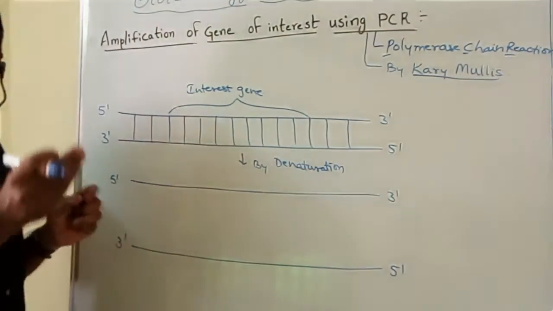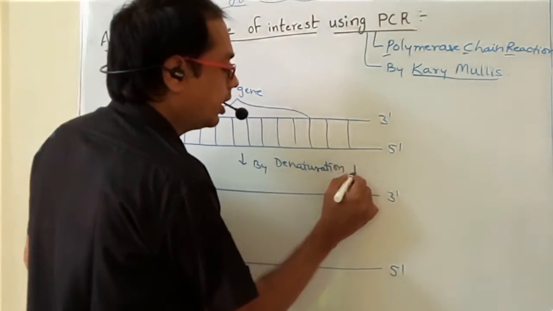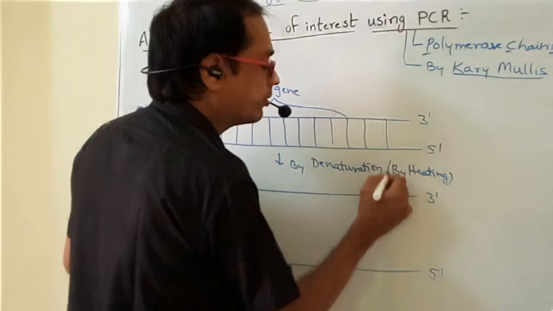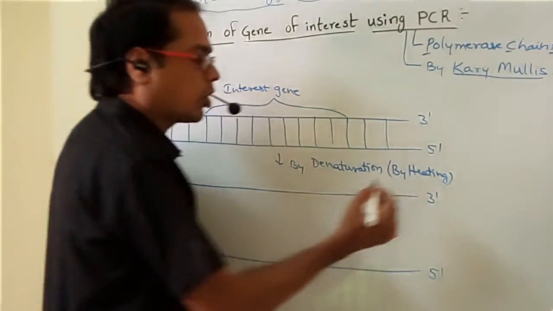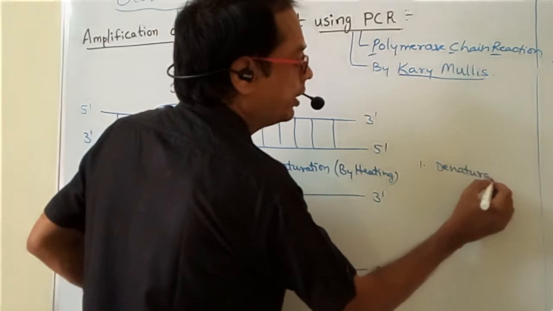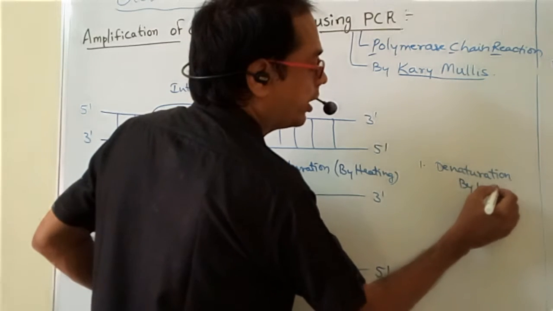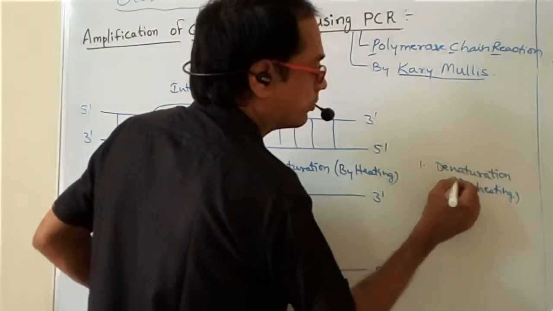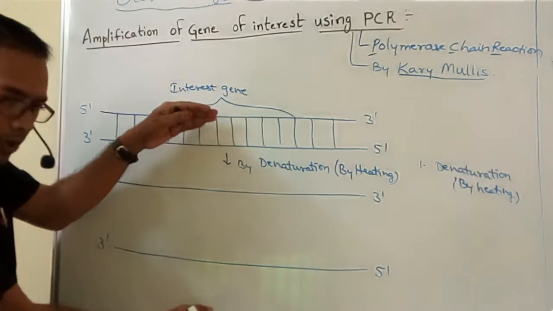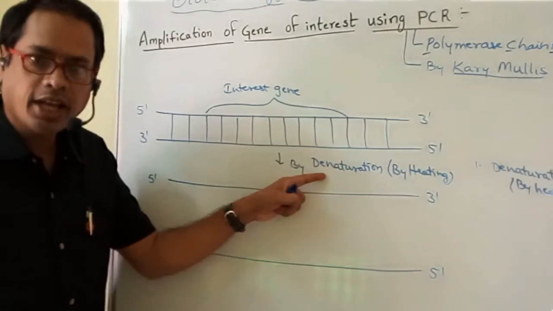By heating, we can separate the two DNA strands. So the first process is denaturation, that is by heating. If we heat, the two DNA strands are separated. Separation of two DNA strands is called denaturation.